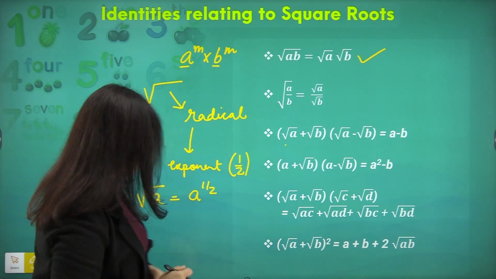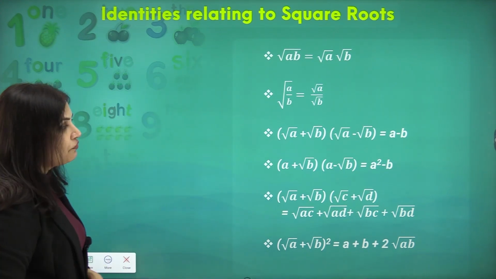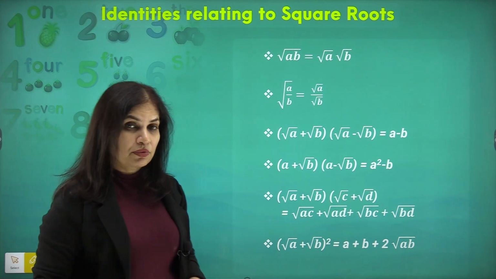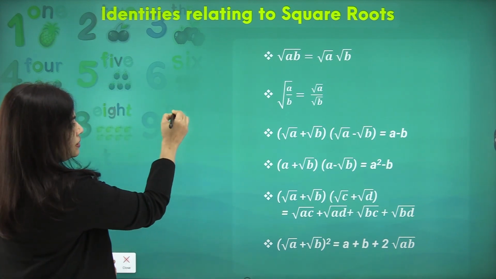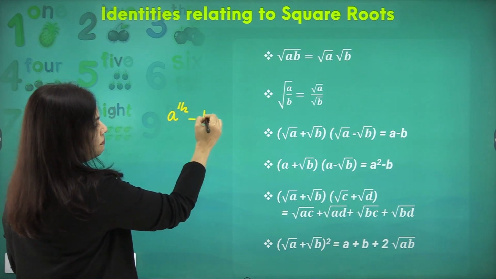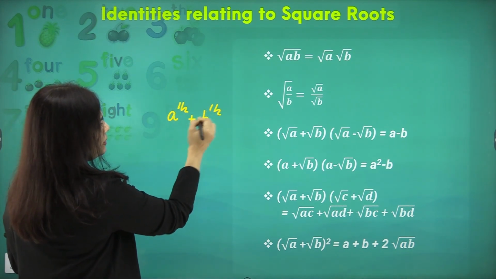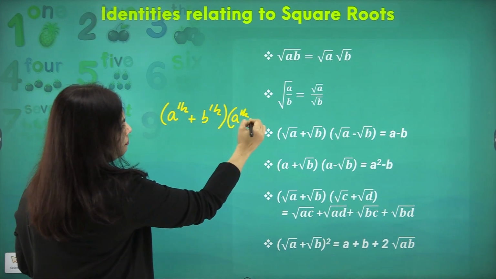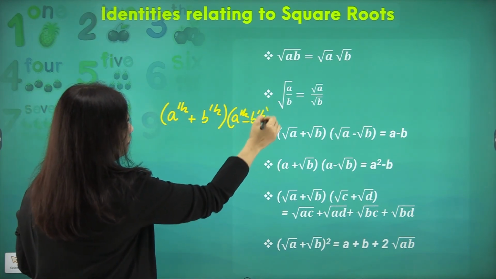Which identity have we used here? Here we have used the identity a square minus b square. Let me show you how. This is written as a raised to the power half plus b raised to the power half into a raised to the power half minus b raised to the power half.